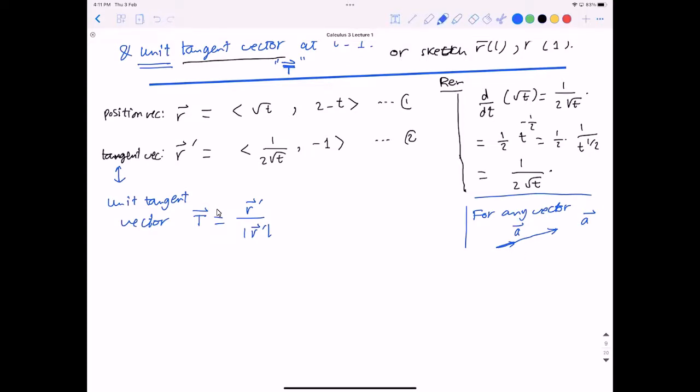I'll show you. It has this symbol of A cap or A hat. A hat is the vector A divided by the magnitude of A. It has the same direction as the original vector, but when we divide by its length or magnitude, we get a unit vector. So when we are asked to find the unit vector, we divide this vector by its magnitude.